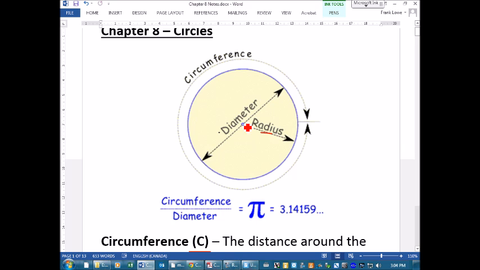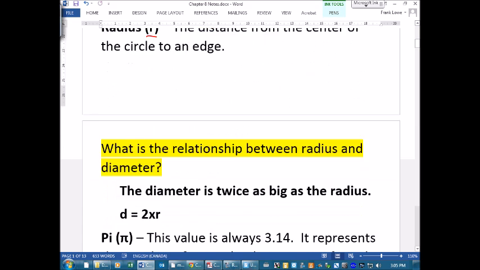Radius could be right there, and you'd also have another radius on the other side. So 2 radii make up a diameter, or diameter is twice what the radius is. They're very, very connected. If someone gives you radius, you can figure out diameter. If someone gives you diameter, you can figure out radius.